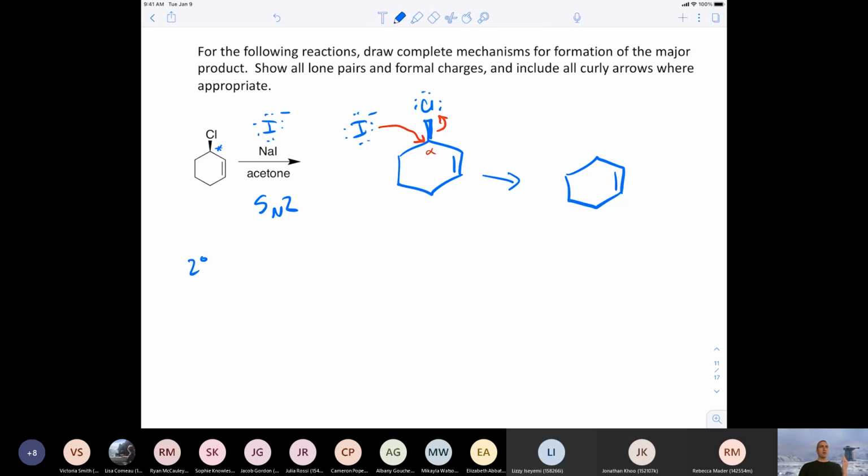So the Cl, if it's coming forward in the product, whatever attacks, because it attacks from the backside, has to be going back. Inversion, what we would call that. Beauty. Not too bad.